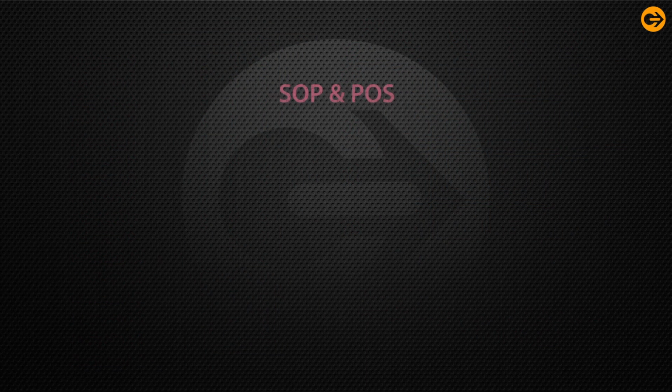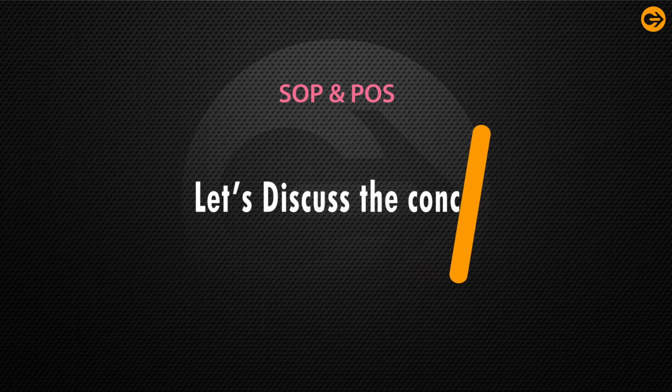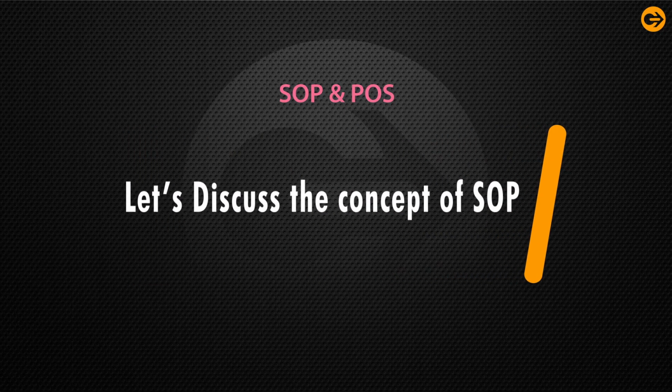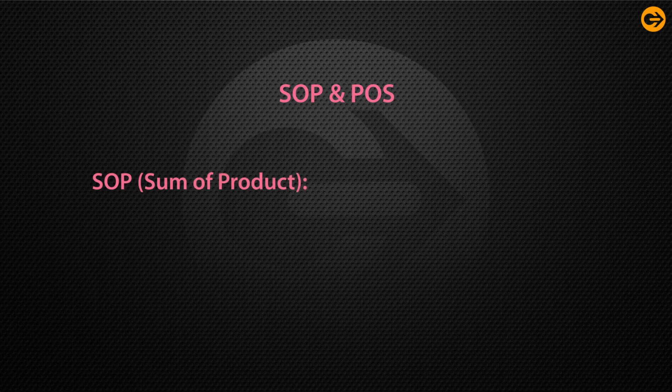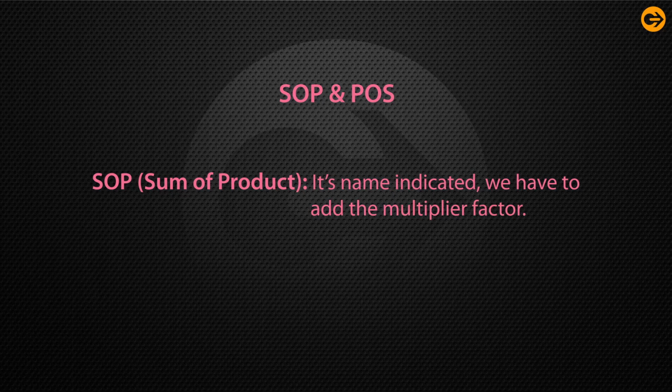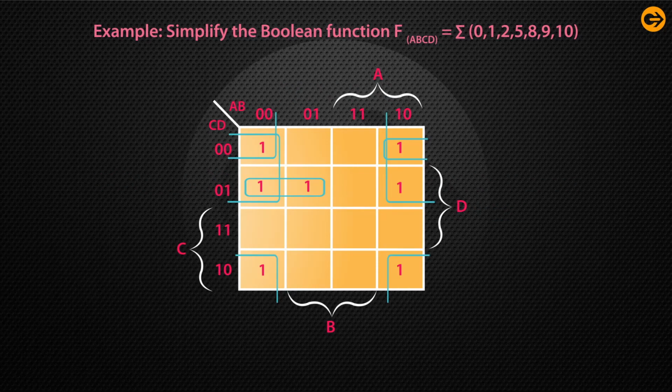Now let's discuss the concept of SOP and POS. Firstly, let us discuss the concept of SOP. SOP, or sum of product, as its name indicated, we have to add the multiplier factor. This illustrates that sometimes it is called minterm. Here, 1 is represented by a variable A or any other variable. 0 is represented by the complement of the variable A or any other variable.